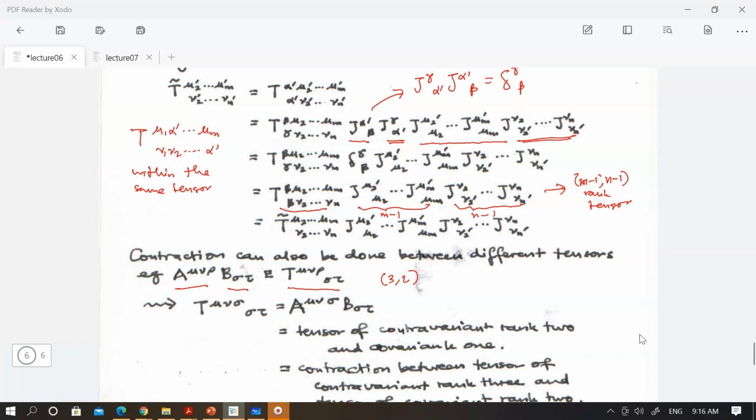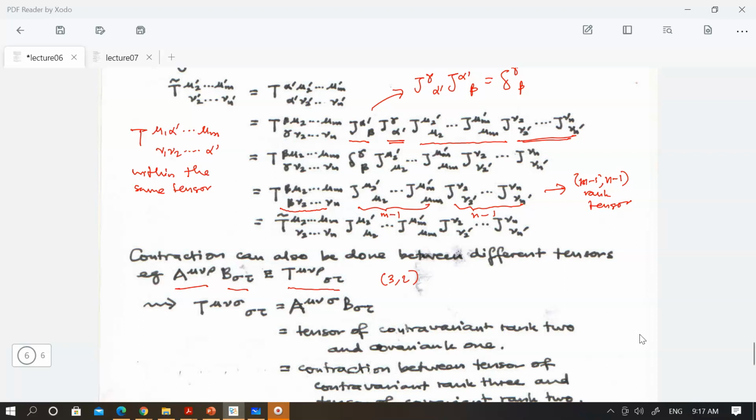We take one of the indices to be a dummy index on top and at the bottom. But effectively, since I know this object is coming from different tensors, it's really a dummy index on A and a dummy index on B.